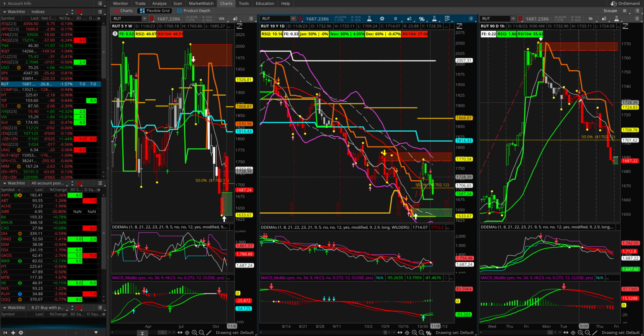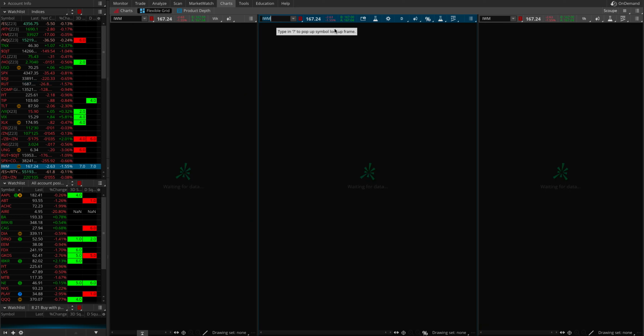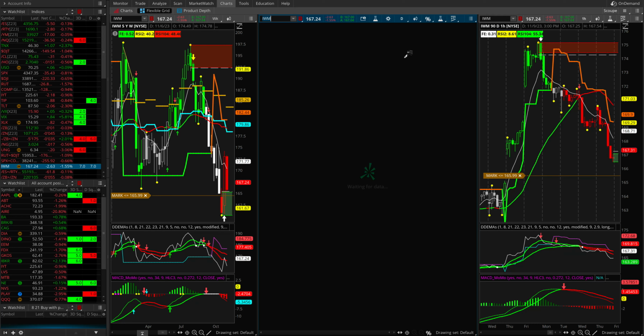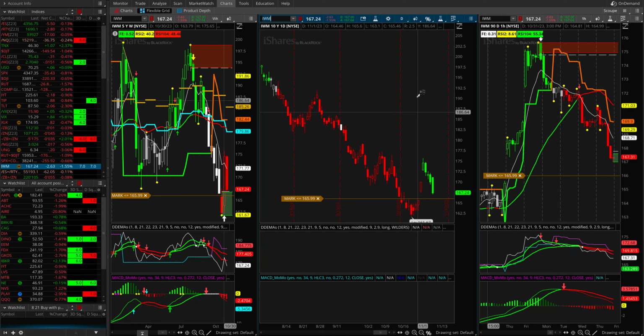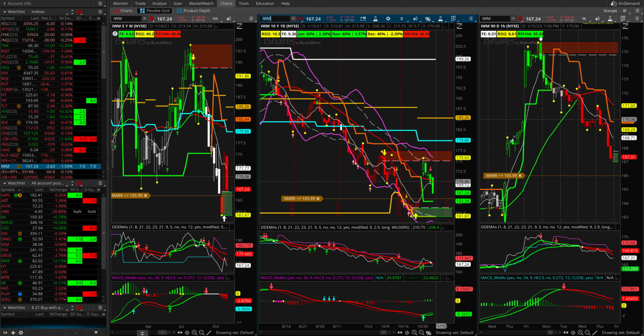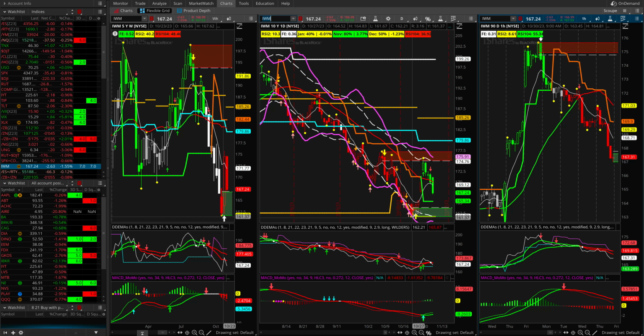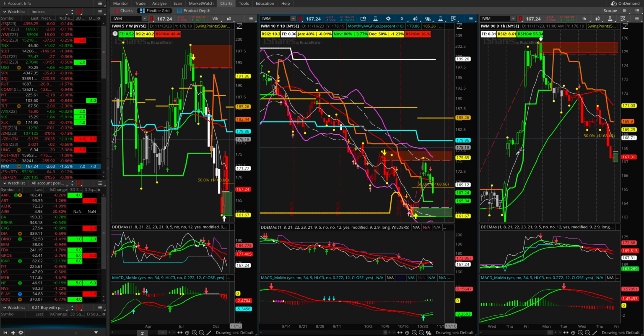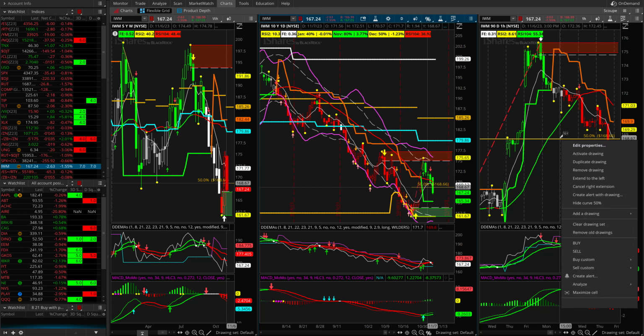That's where I'd be starting to look for some on the IWM, which is an ETF for the Russell. Where we start to rally up out of this zone. In fact, that is no good anymore, so let's go draw that back in to there, and I'm going to put an alert there.